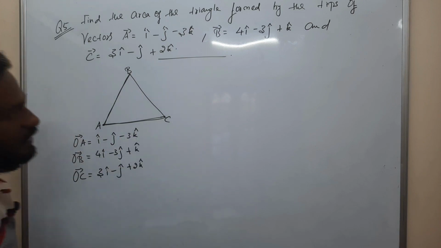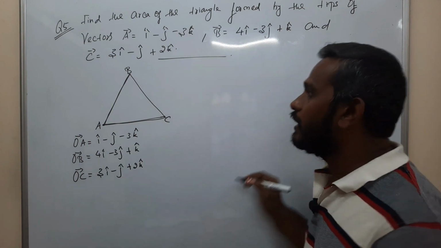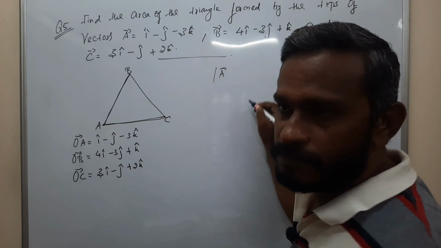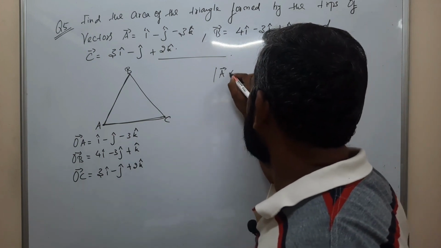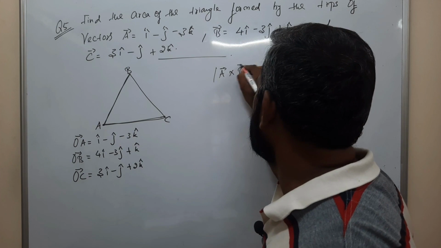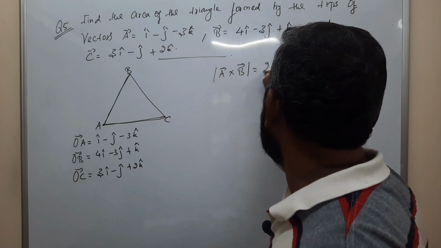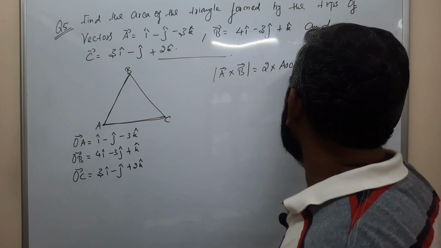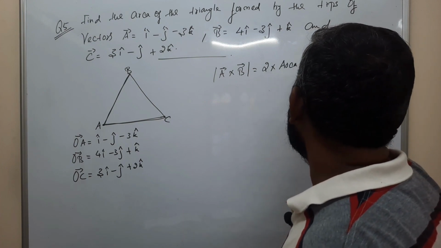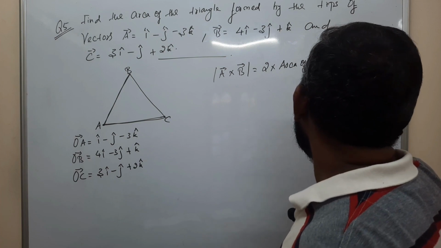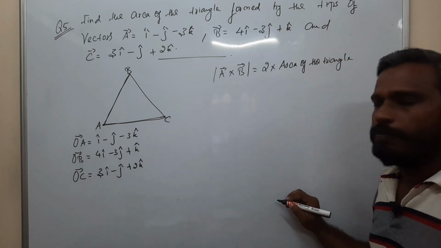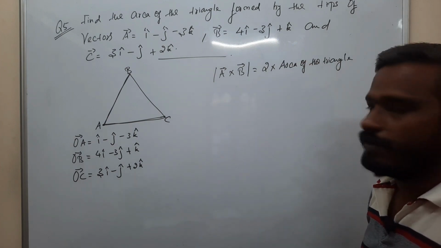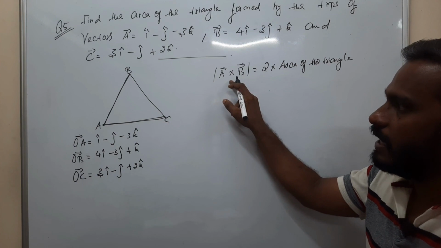So we know the formula: the magnitude of the cross product A vector cross B vector is equal to 2 into the area of the triangle formed by the 2 vectors as adjacent sides.